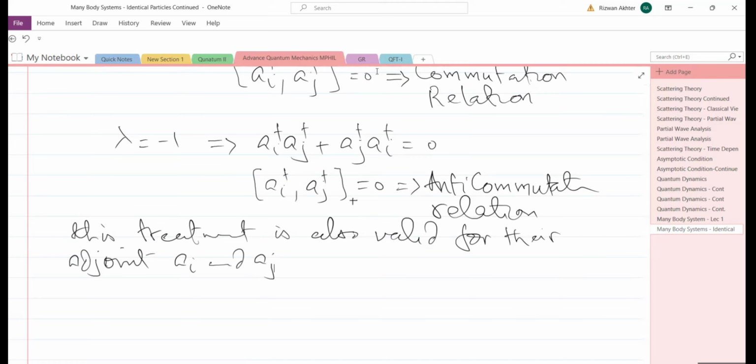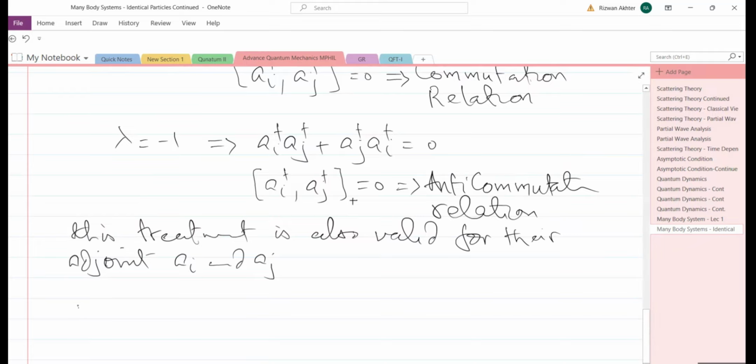So when we talk about creation of two bosons, then we are using commutation relations. And when we talk about creation of two fermions, then we talk about anti-commutation relation.